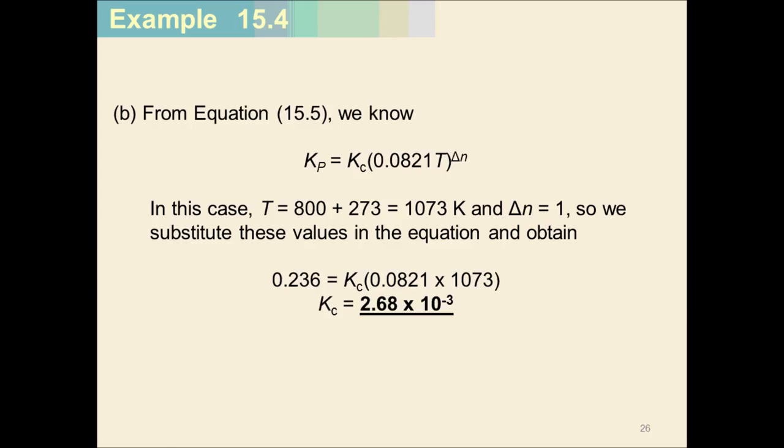From equation 15.5, remember Kp is equal to Kc times our gas law constant times our Kelvin temperature raised to the power of our change in moles. Well, our change in moles here is 1. It went from 1 minus 0, so that's going to be 1. And so Kc is going to be 2.68 times 10 to the minus third when we substitute in our values.